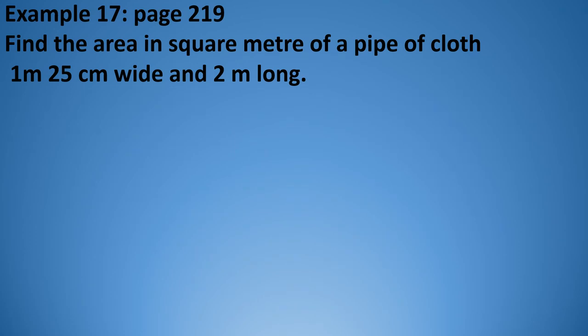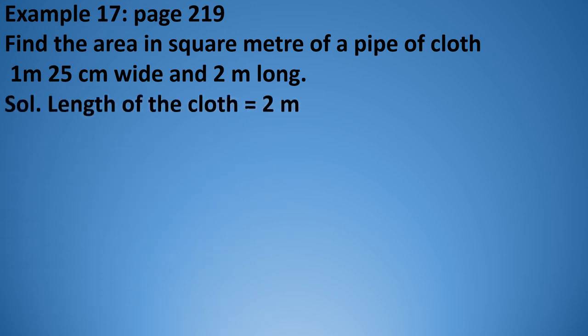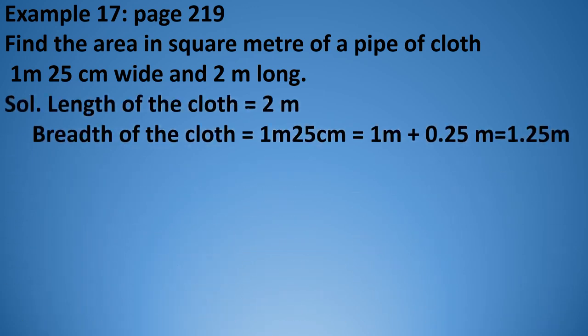Okay. So what is the length of the cloth given to us? It is 2 meter long. What is the breadth of the cloth? 1 meter 25 centimeter. So what you need to do is convert 1 meter 25 centimeter into meter only. 25 centimeter is equal to 0.25 meter. So 1 meter plus 0.25 meter is equal to 1.25 meter.